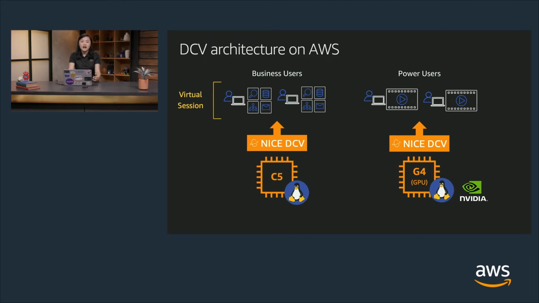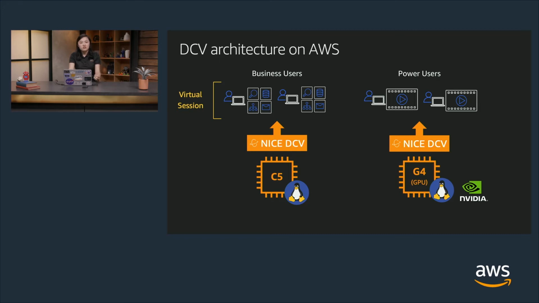If you want to have multiple people sharing one instance, you can do it by creating something called virtual sessions. Virtual sessions allow an N-to-1 mapping of client sessions to servers. For example, 20 business users can all have their own virtual sessions, all supported by a single instance as a server.